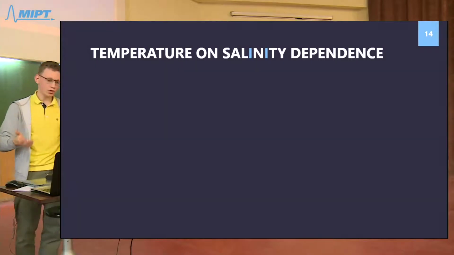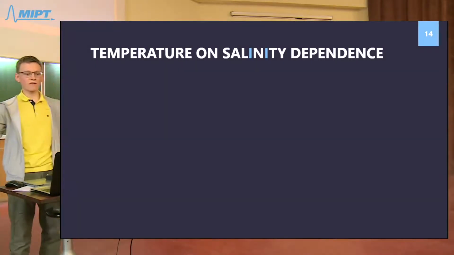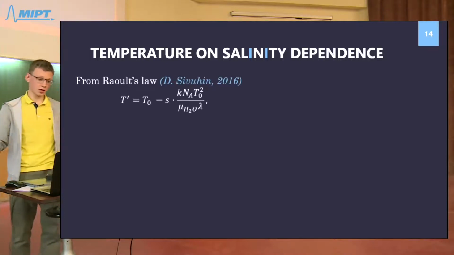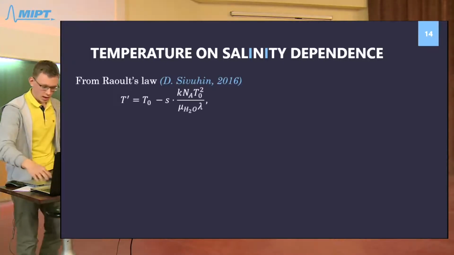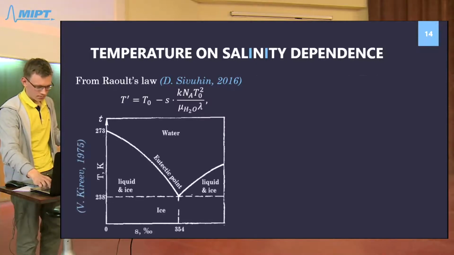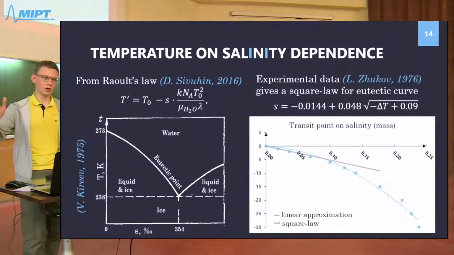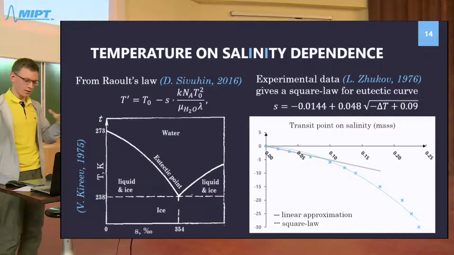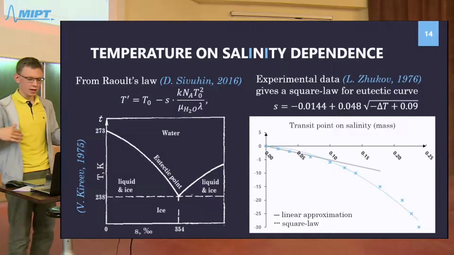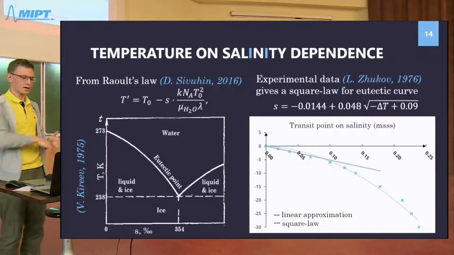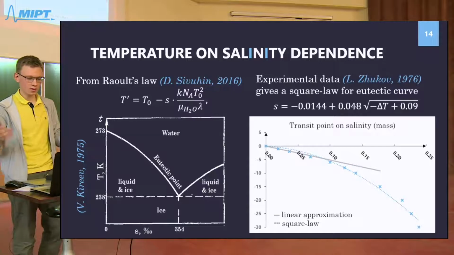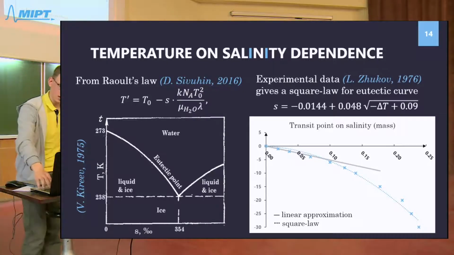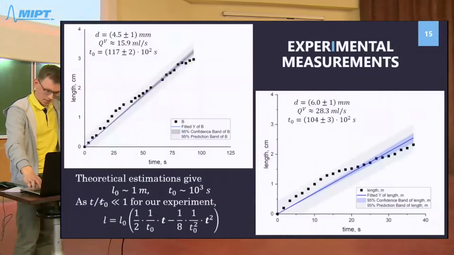Also, it was important to understand the dependence of the freezing temperature on salinity. According to theoretical works, it must be linear. However, it is true only for quite high temperatures of cold brines. We worked with much lower temperatures, and there we found experimental data and created a square law for that eutectic curve because we couldn't find any theoretical work on that.